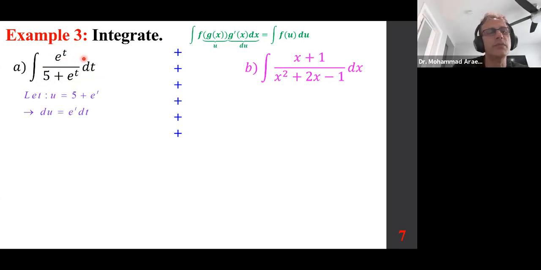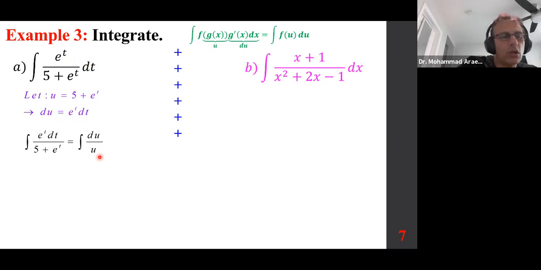Let u be 5 plus e to the power of t. Therefore, du is e to the power of t dt. I'm going to put the dt at the top so it becomes clear they are sitting next to each other. And therefore, we have du over u, or one over u du, however you want to write that.